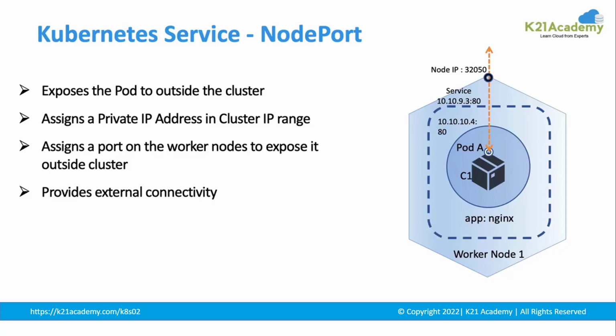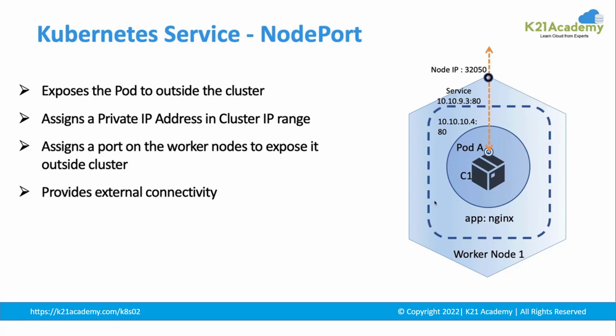And here a lot of things would be done in an automated fashion. If you are the one who has to specify the port number, then a lot of the time the automation may not work if the port number is already being used. So we are leaving that responsibility to Kubernetes to assign us a port number on the node, which is an empty port, a port which is free.